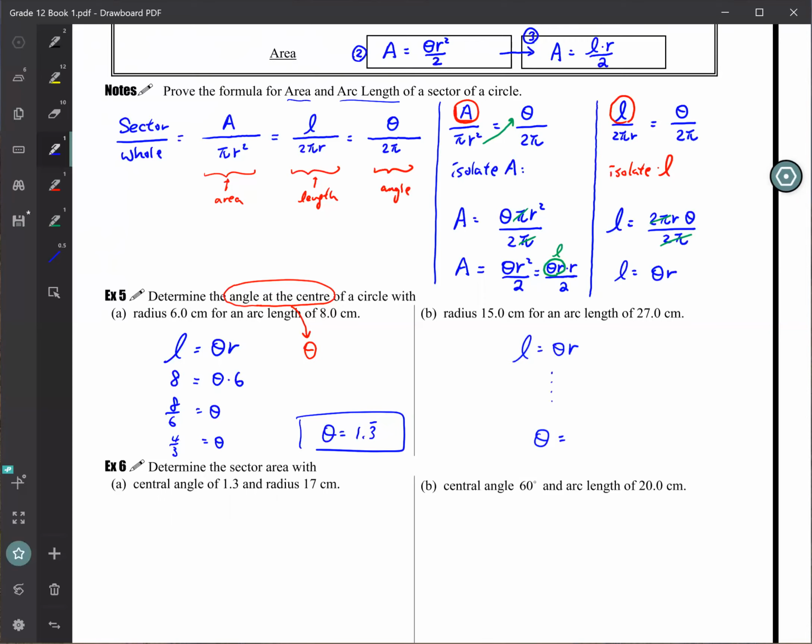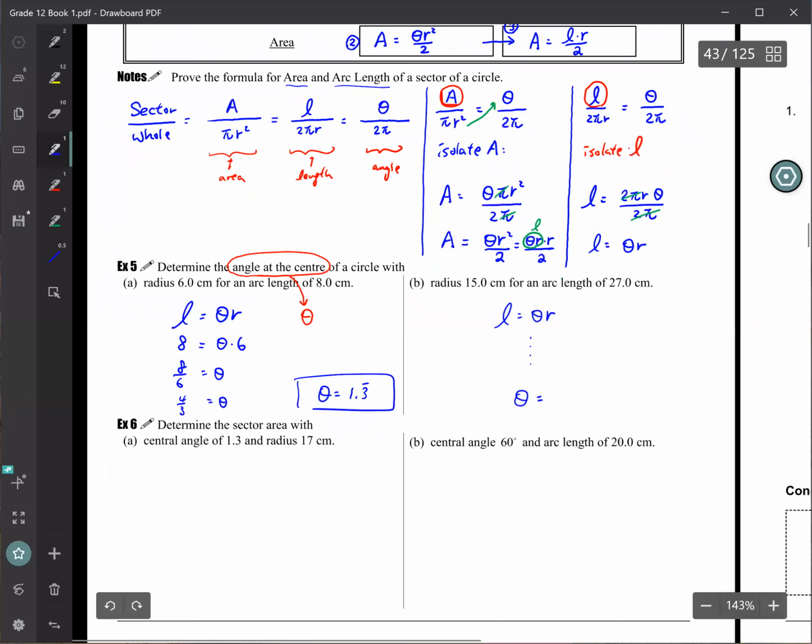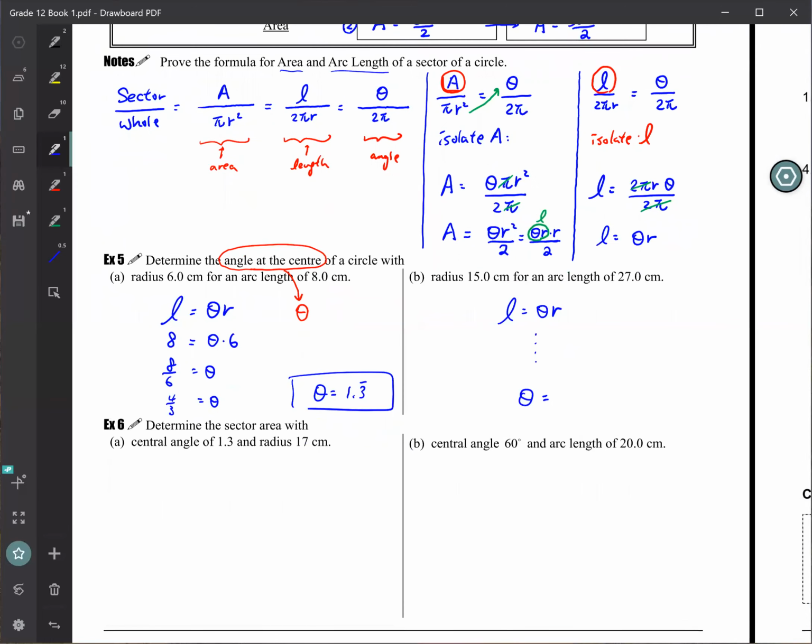Do we do the next one? Yeah, if you are sure question B is okay, then you move on. We are gonna do question 6. Please raise your hand if you finished 5B.